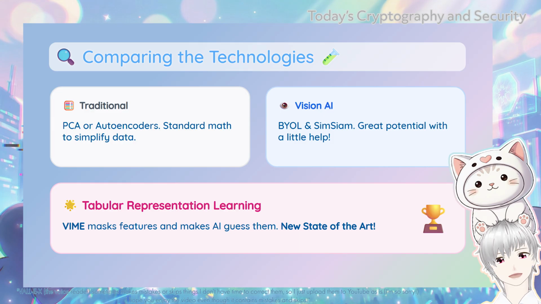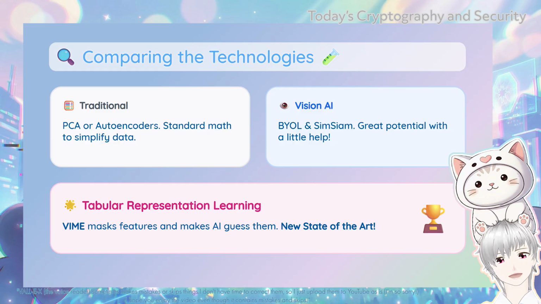Let us compare this with other technologies. Usually, people use traditional unsupervised methods to group data, like principal component analysis or K-means, which are just standard mathematical ways to simplify data. But this paper compares those traditional baselines with newer methods. First, they tested famous vision AI models, like Bootstrap Your Own Latent and SimSiam, to see their maximum potential, with a little bit of help.